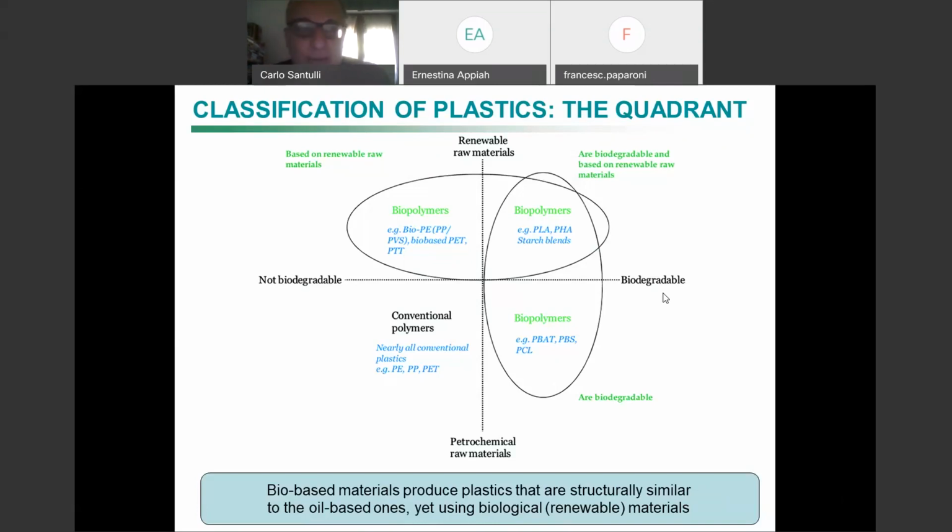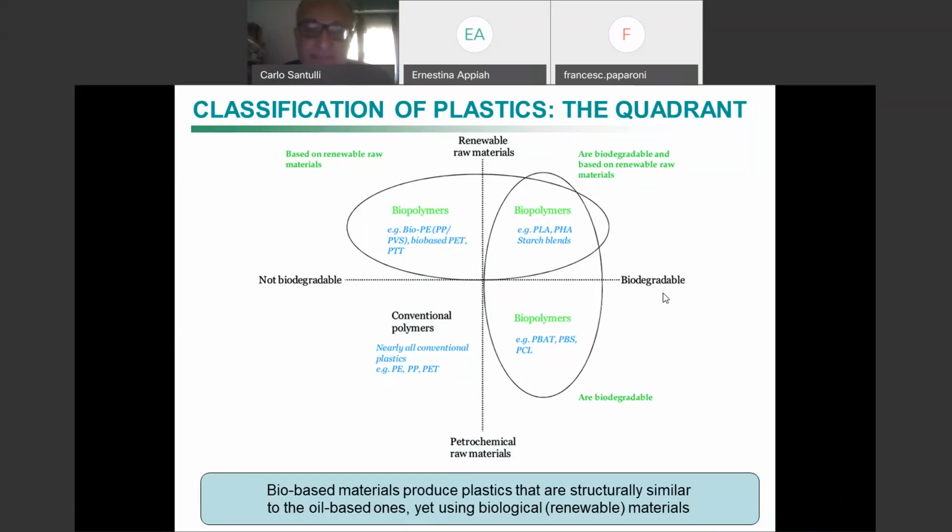Like polycaprolactone, which is the more popular one. It's starting to be used a lot in DIY works and so on because it softens at 60 degrees. Polybutylene adipate terephthalate, PBAT, for example. And they are biodegradable but obtained from oil. So this is what the quadrant says.